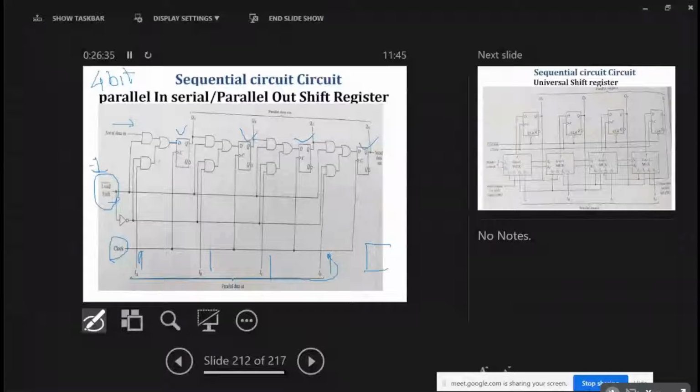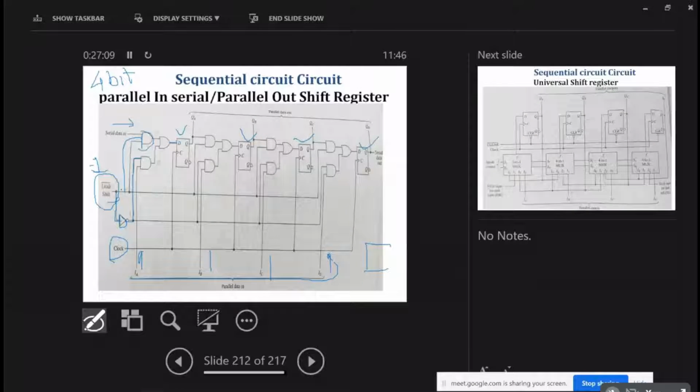For the first flip flop, an inverter is connected with this load, and the output of this inverter is connected with the input of one AND gate. The same load is connected with another AND gate.